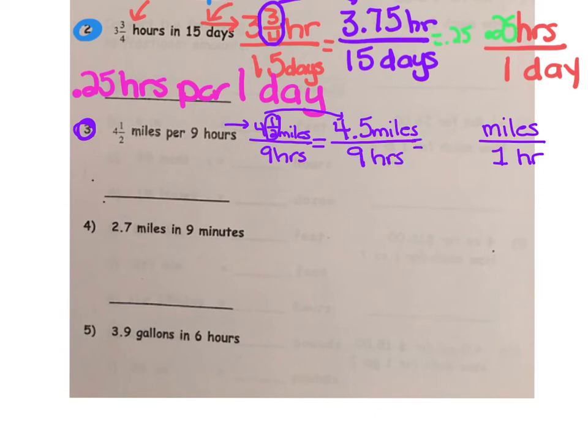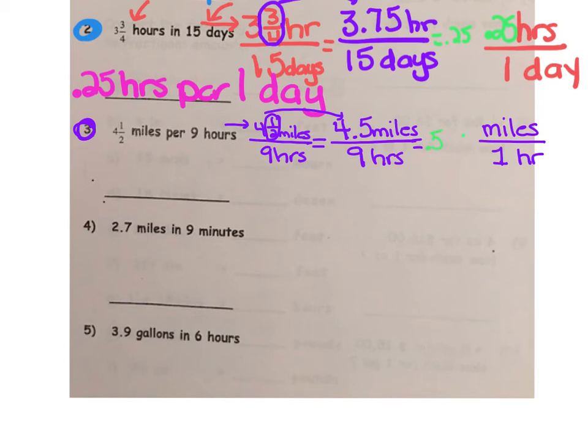Take a moment and punch that into your calculator. Make sure you punch in 4.5 first, divided by 9. Pause the video, and when you're ready, turn the video back on. You should have gotten a value of 0.5.